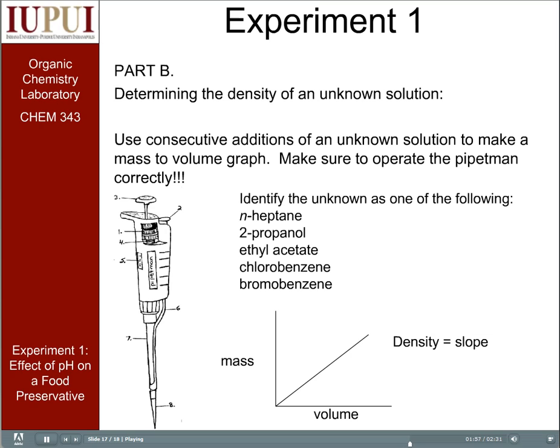So you're going to have to go on to Wikipedia or into some kind of chemistry reference book to find the densities of those 5 unknowns, and then match up your unknown to one of those 5. So the density you calculate should be relatively close to one of those, and hopefully right on. So once you do that, make sure in your lab notebook that you include that graph and the results of Part B, even though it's just kind of a tag on to Experiment 1.